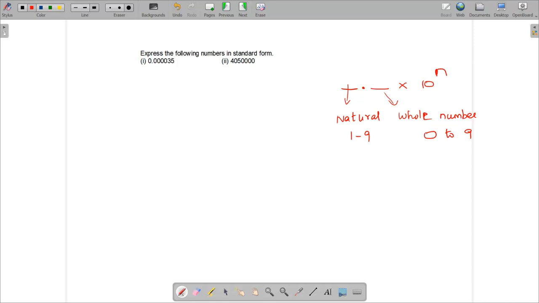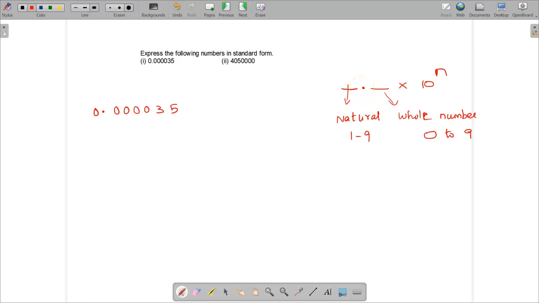So we have 0.000035. This is the standard format. In order to get the standard format, the first number should be a natural number, which is 1 to 9. Here the first natural number is 3, so after 3 only we have to take the decimal point.